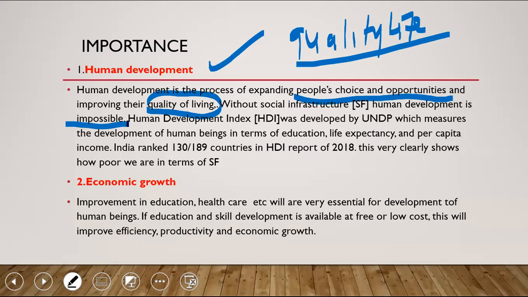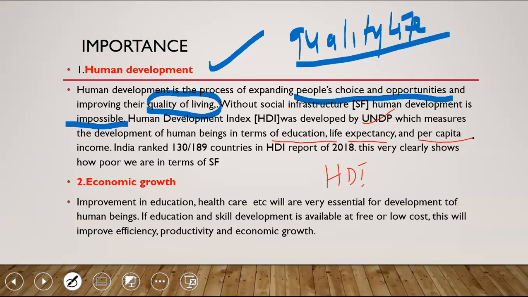You might have heard, or if you have not heard, now you have to hear. There is a Human Development Index. The Human Development Index was developed by UNDP, the United Nations Development Programme, which is part of the UN. The HDI measures the development of human beings on three parameters: education, life expectancy, and per capita income.